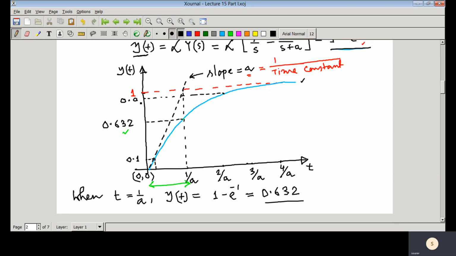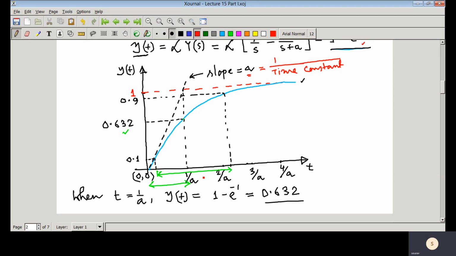So according to that definition, the time taken to reach from 0.1 to 0.9 of the final value, this is actually the time the system takes to reach up to 0.9 from 0.1 of its final value, as the final value is 1.